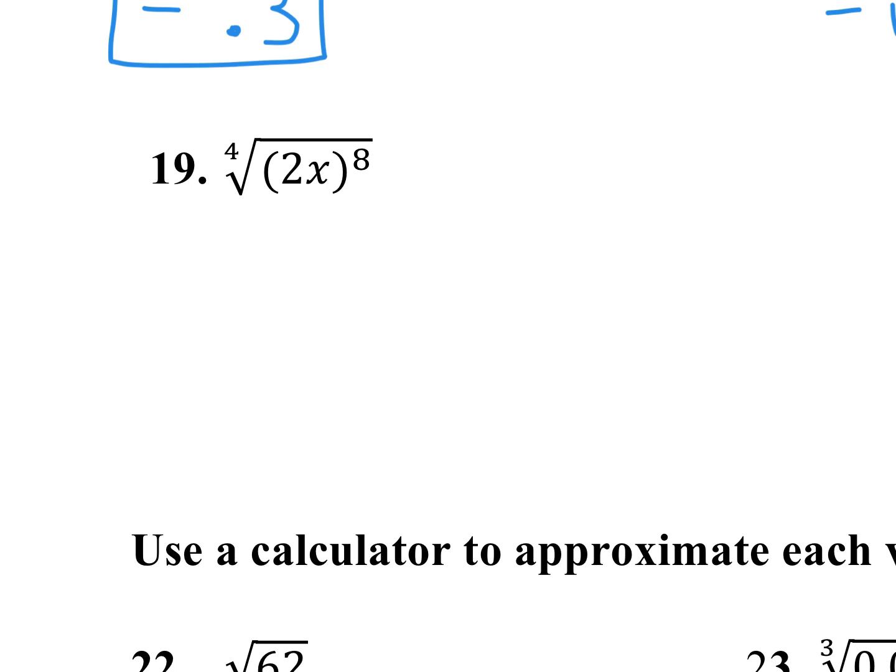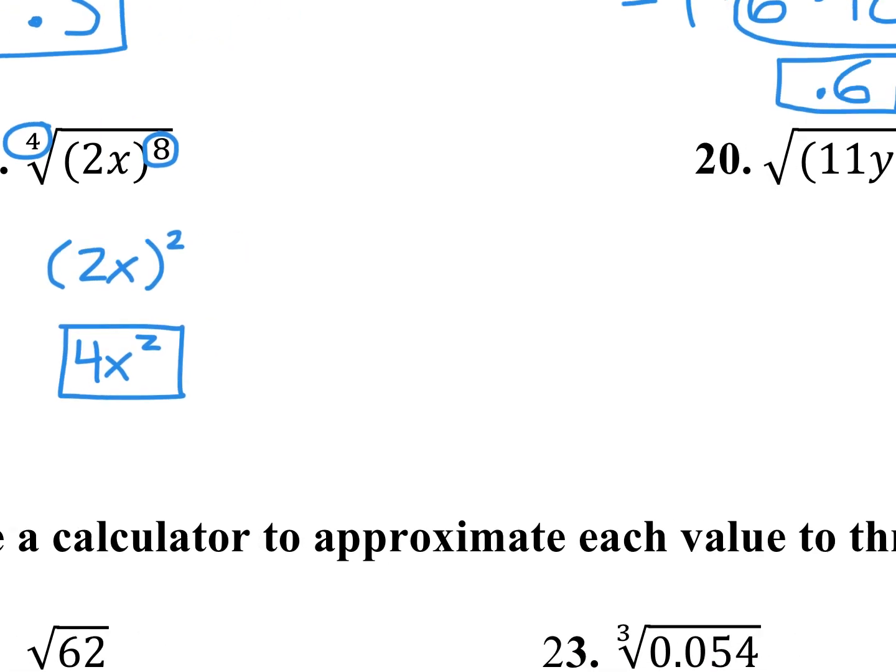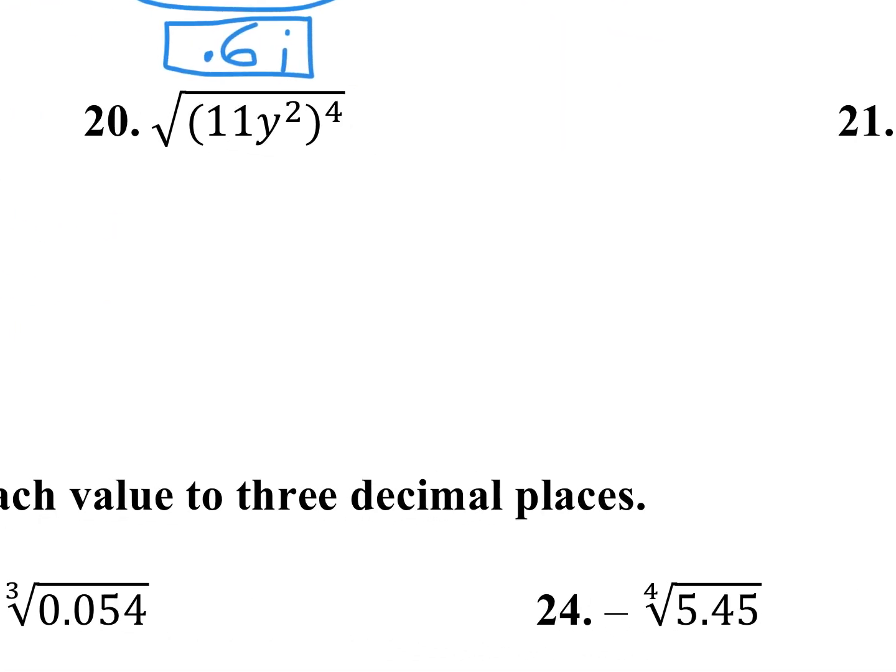All right, this one should be pretty quick. We divide. 8 divided by 4 is 2, so now this is no longer inside, and now it has an exponent of 2. Squaring that, we get 4x squared. All right, for 20, divide 4 by the invisible 2.